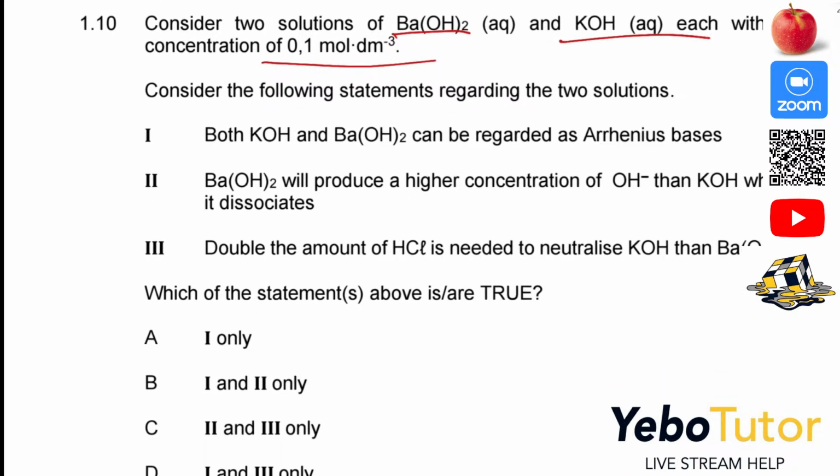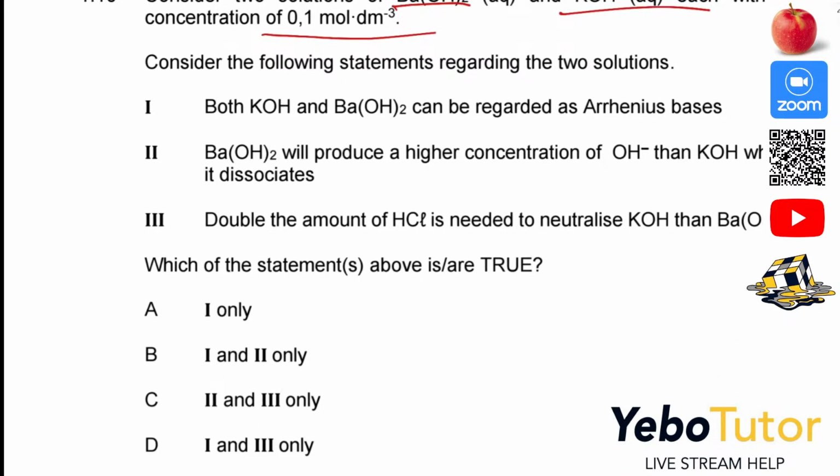Then also double the amount of HCl is needed to neutralize that. So definitely the answer which will be true there is that both of these can be regarded as bases, and also Ba(OH)2 will be able to produce a higher concentration of the OH ion than the KOH when it dissociates. All right, so that was not bad.